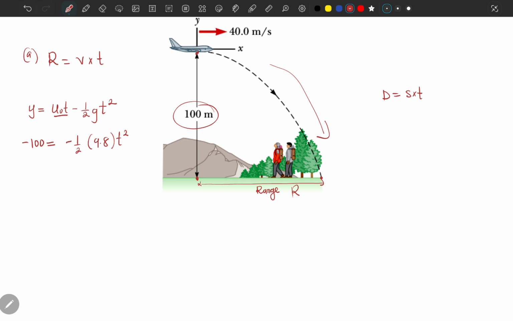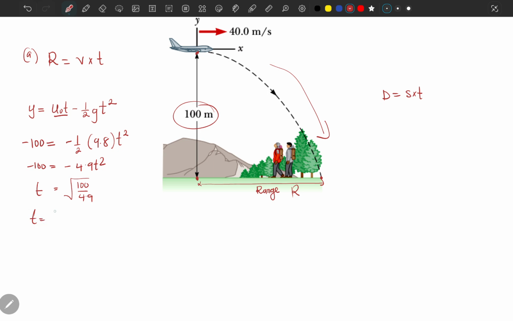Now we can get our calculators, because we have negative 100 equal to negative 4.9 t squared. So we divide throughout by 4.9, meaning t is the square root of 100 divided by 4.9, because negative and negative will cancel.